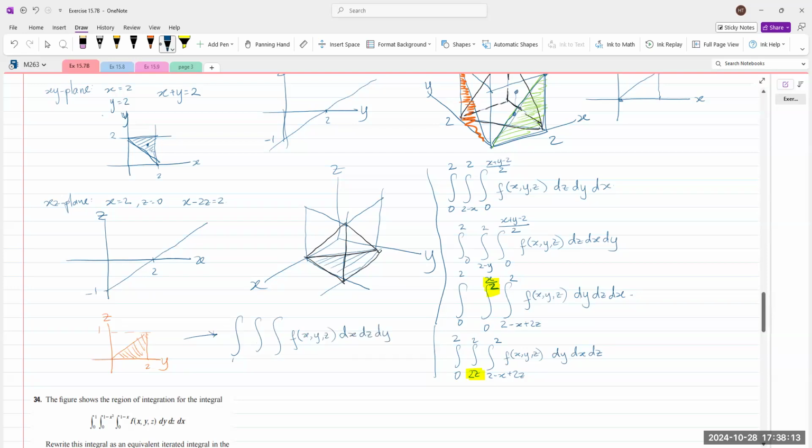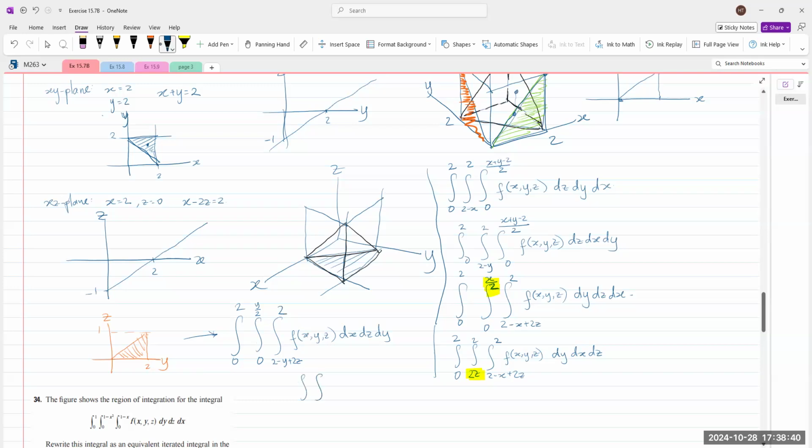The y is from 0 to 2. The z will be from 0 to y over 2, and then x from the plane, which is 2 minus y plus 2z, up to 2.